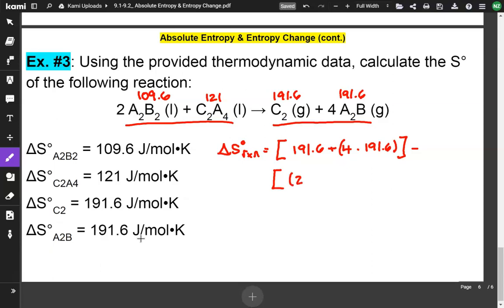So we have 2 moles of A2B2, which is 109.6. And then we have 1 C2A4, which is 121. And then when we put this in our calculator, you should get 603.7 joules over Kelvin.